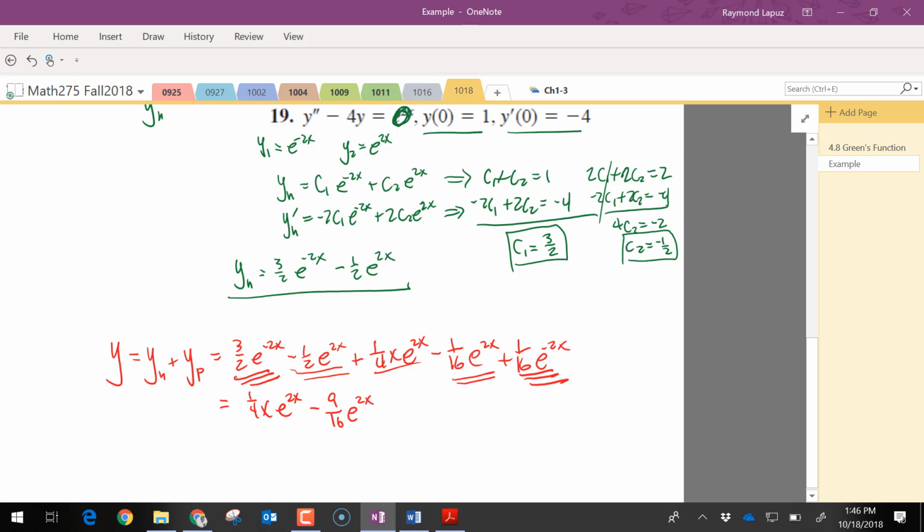And then they're both positive times 8. 3 times 8 is 24, plus 1 is 25. 25.